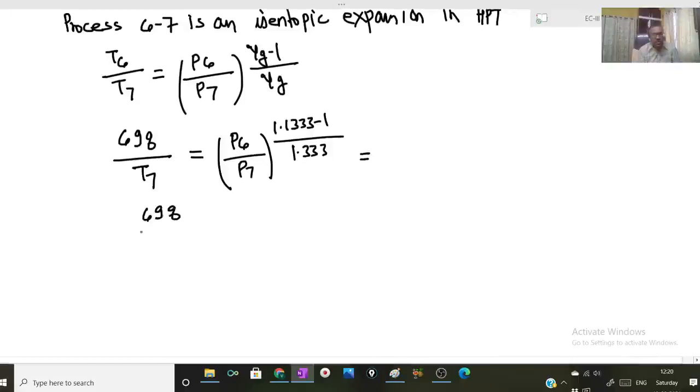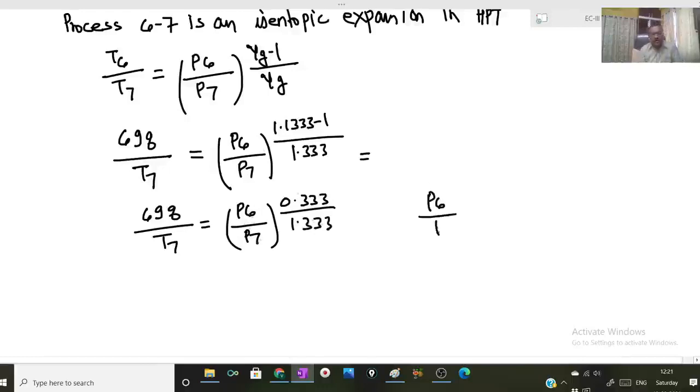So this will be 698 over T7 is equal to P6 by P7, and this ratio will become 0.333 over 1.333 as the exponent. Now in this equation I don't know this P6 by P7, that is the pressure ratio in the high pressure turbine.